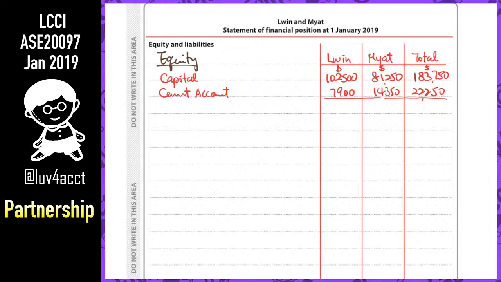So you see, in this way of showing capital and current account, we have more information, because there could be another way.